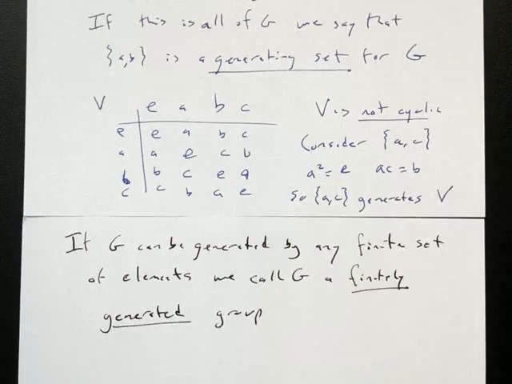Notice the group itself does not have to be finite to be finitely generated. The integers are cyclic. They have a single generator, but the group itself is infinite.